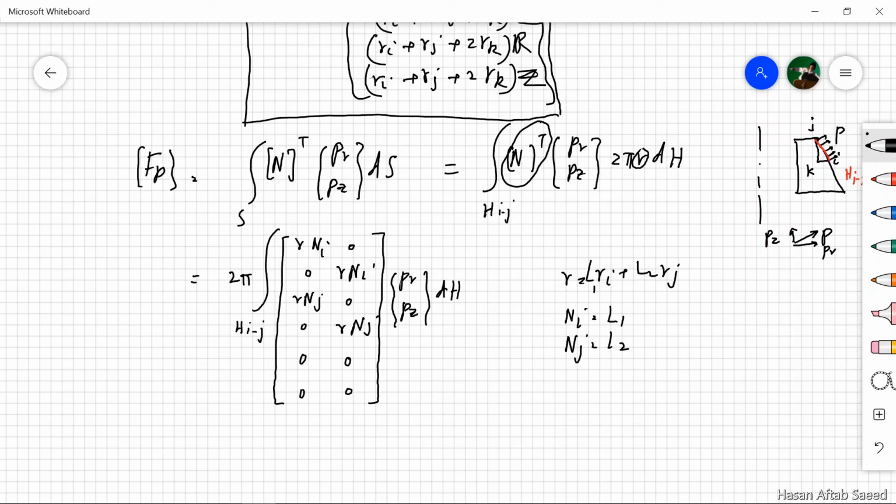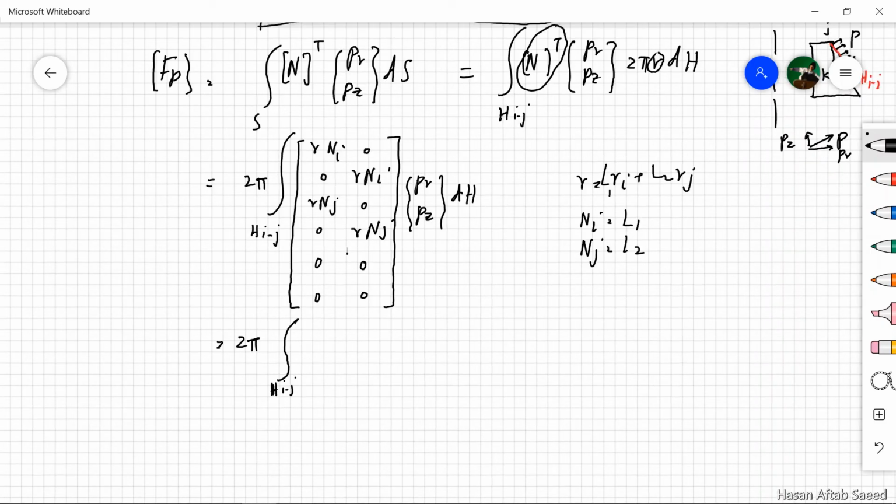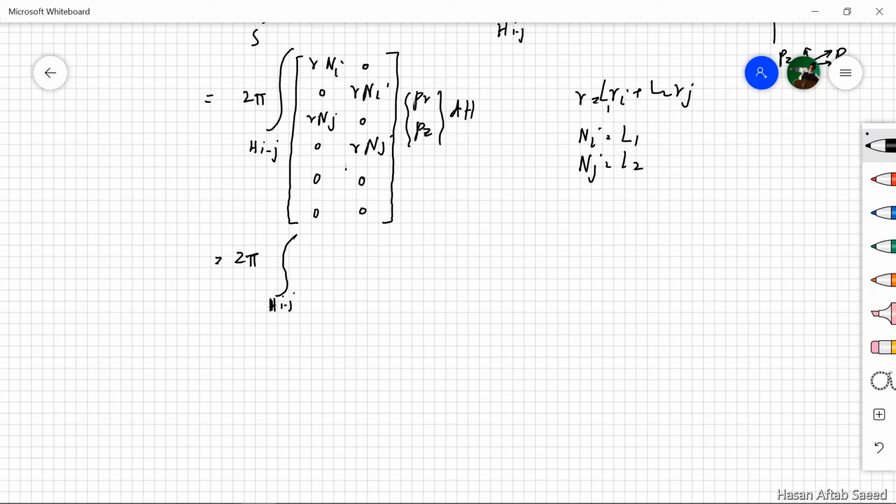If we put in these values in this expression on the left, then we get 2 pi outside, then we have the integral over hij, and what we get is this: L1 square Ri plus L1 L2 Rj to Pr. Again, we didn't resort to using r at the centroid, and hence this calculation will be precise.